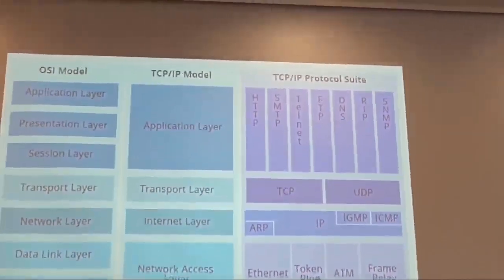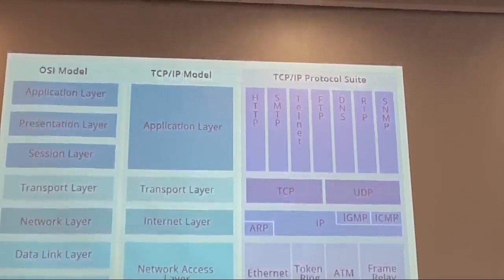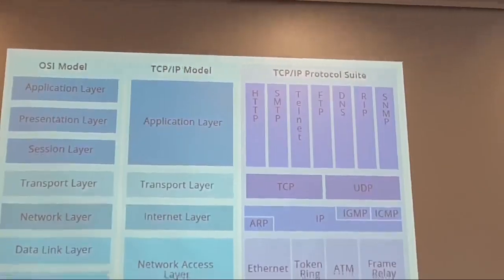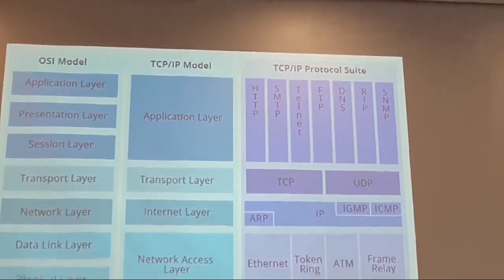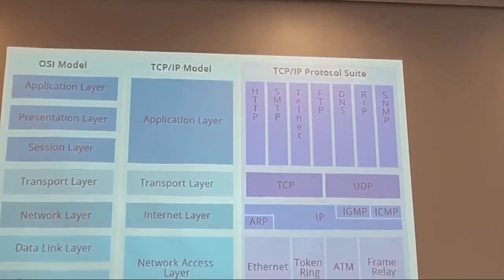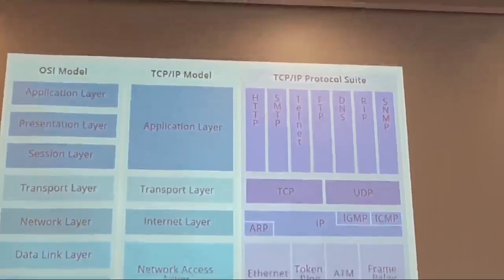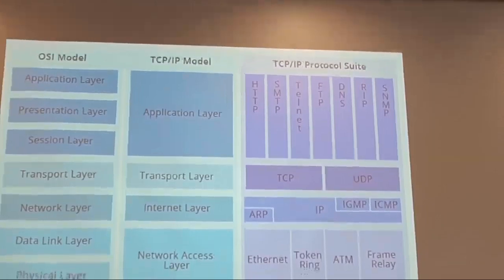So people came up with a TCP/IP model, which shows that some of the layers in the OSI model are really one thing. And then an even better, more accurate version is this on the right-hand side, the TCP/IP protocol suite, where you have a variety of protocols that are basically sitting on top of TCP/IP, and you have some additional stuff inside IP that is not normally discussed in the simple textbook explanation.